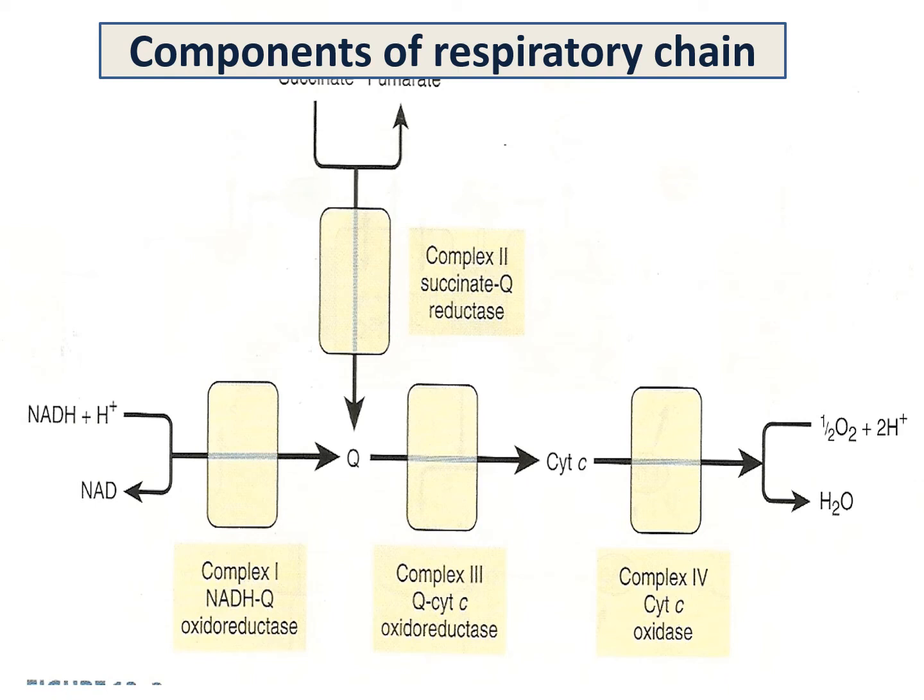Therefore, the electrons pass from NAD plus NADH to ubiquinone, then ubiquinone takes them to complex 3, and from complex 3 they are taken by cytochrome C to complex 4, then to the final acceptor, oxygen. Some substrates with more positive redox potential than NAD plus NADH, like succinate, pass electrons to ubiquinone via complex 2 rather than complex 1. It skips complex 1.